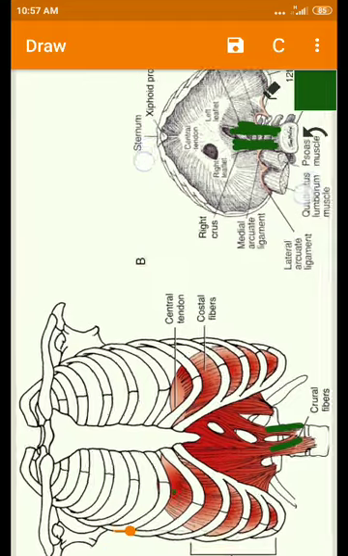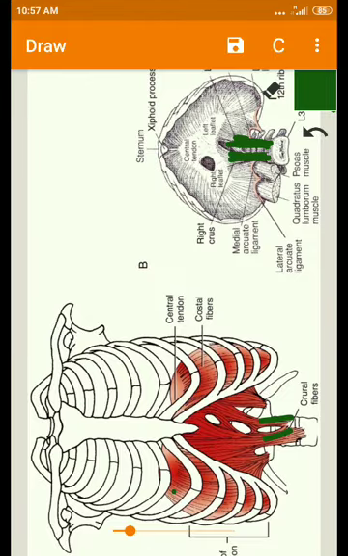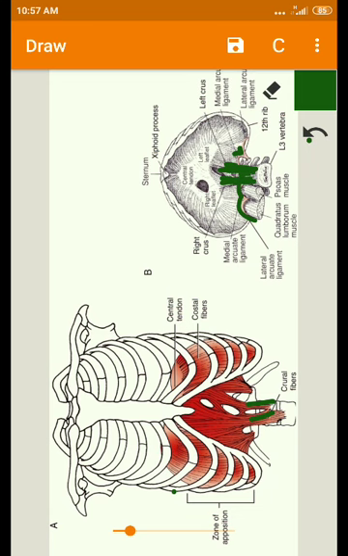Here you can see the arcuate ligaments. Arcuate means arch-like. This side also is arcuate ligaments, right and left side. So these fibers originate from the tendinous structures called the right and left crus and from the aponeurotic arcuate ligaments, and these are attached to the vertebral bodies.